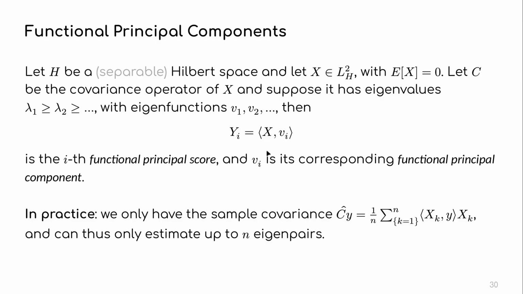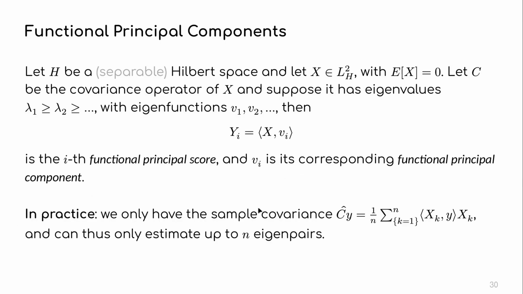So again, I get a ranking: this is the most important direction my data has, this is the second most, and we'll see in an example that usually these are quite interpretable. Usually interpretable even in the multivariate case. Here it's going to be even better.